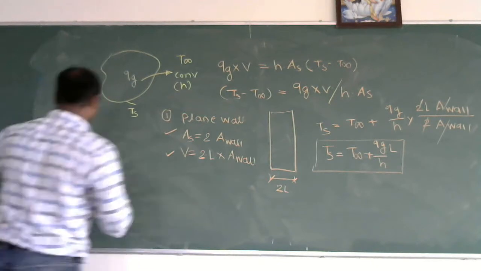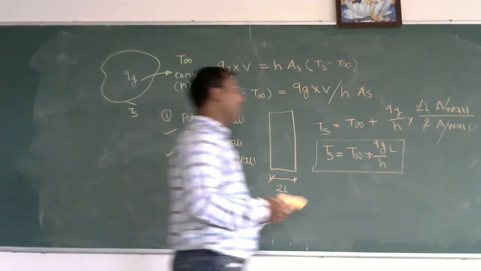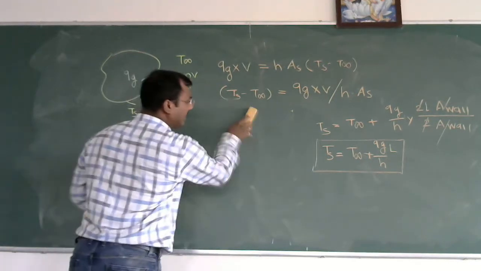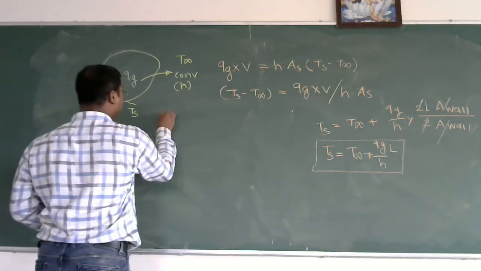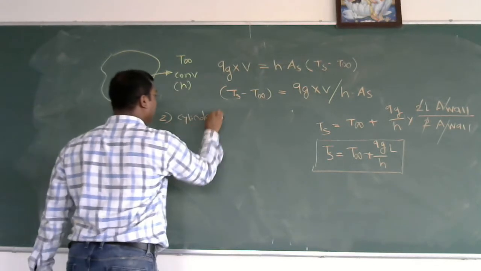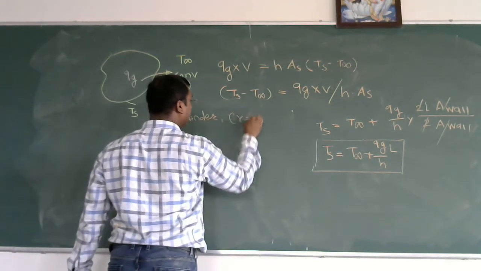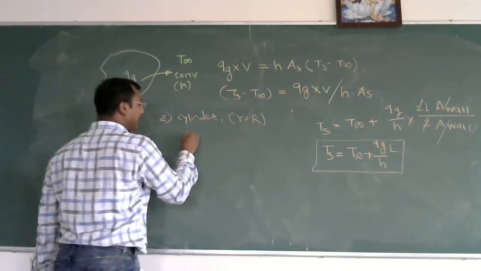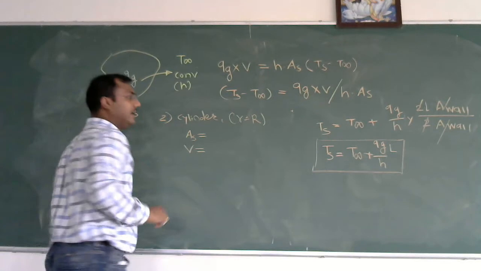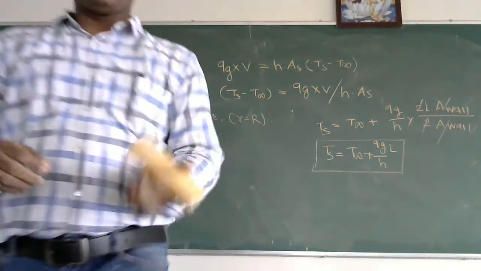Similarly, now I will consider another geometry. The second geometry is a cylinder of radius r. In this case, we need to find the surface area and the volume of the cylinder.